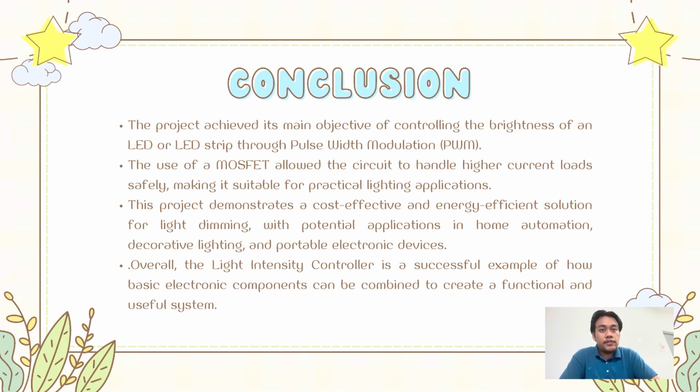The use of a MOSFET allows the circuit to handle higher current loads safely, making it suitable for practical lighting applications. This project demonstrates a cost-effective and energy-efficient solution for light dimming with potential application in home automation, decorative lighting, and portable electronic devices.